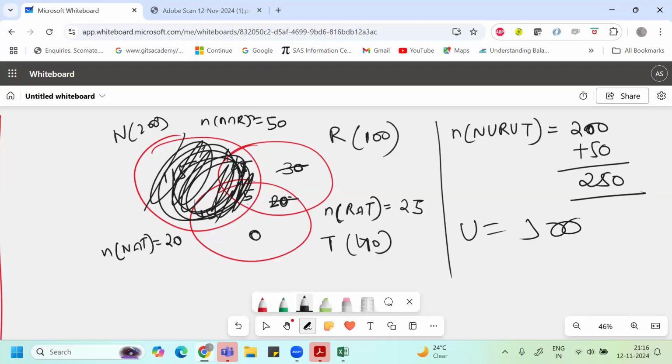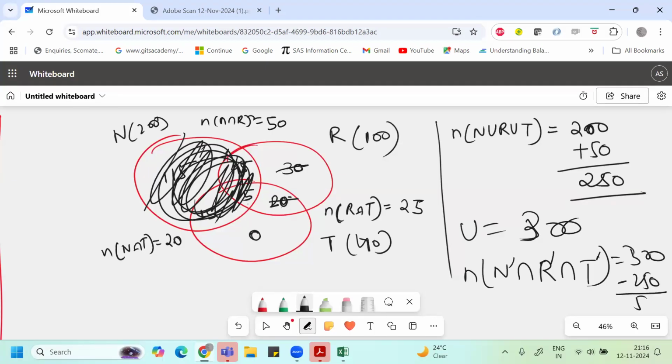So if universal is 300 and N union R union T is 250, then the part not in N, not in R, not in T would be 300 minus 250. If you do it with the formula, then you will not realize the error that is given in the question.